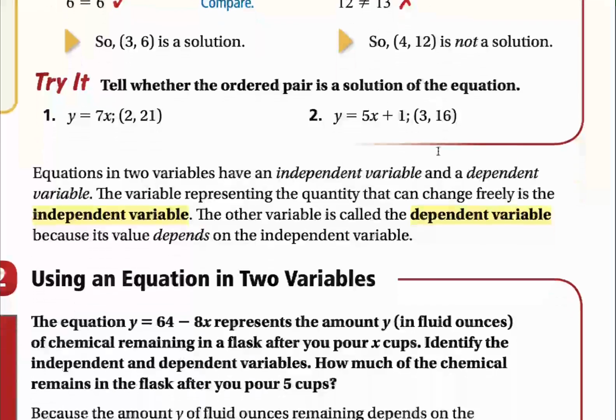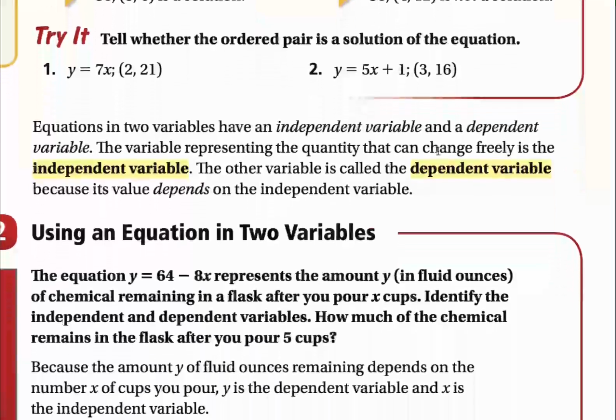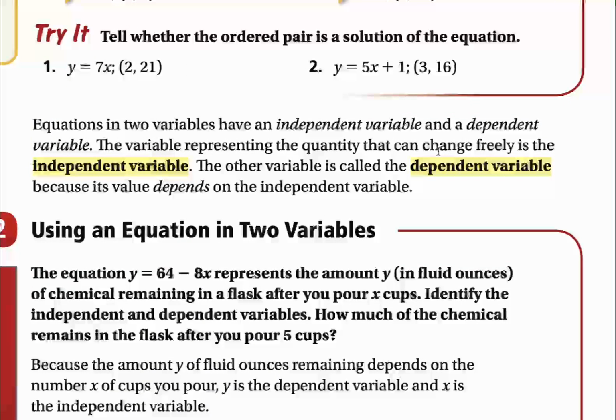I need to zoom in because the next part is also important. I read this from the book. This part is about something called independent variable and dependent variable. Let's start with the independent variable.